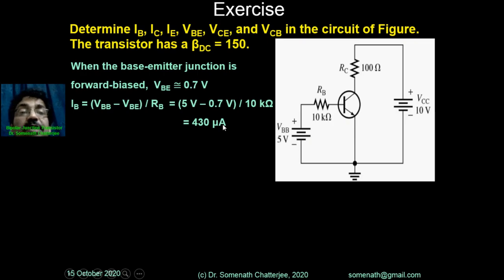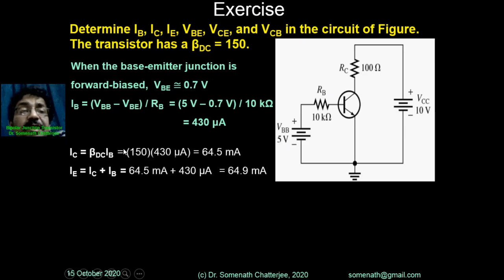Similarly, IC is equal to beta times IB, where beta is the common emitter current gain, already mentioned, so you can just put this in and easily find IC. And again IE is equal to IC plus IB, so you put this in and you can find IE. So you will get IB, IC and IE.